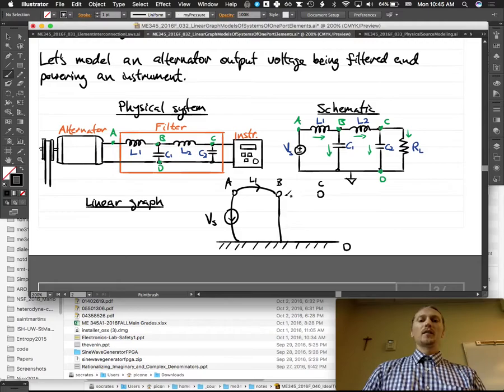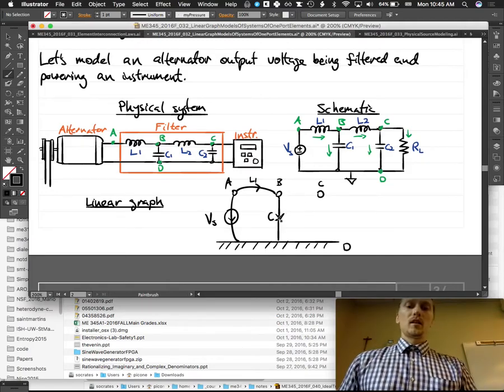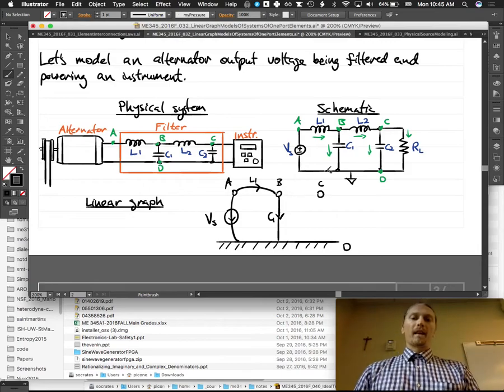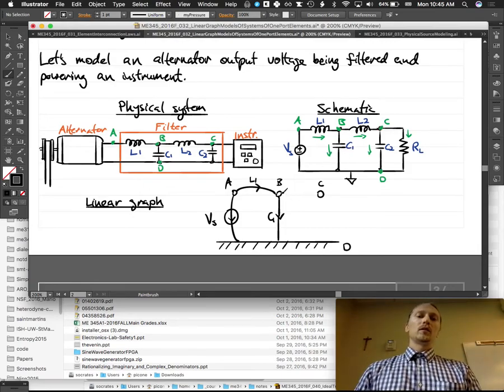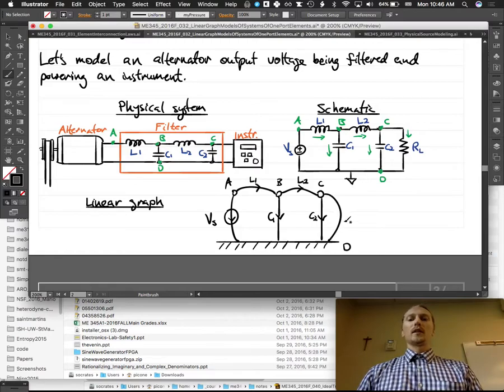It's an A-type energy storage element, a capacitor. We don't typically dash the C because a capacitor doesn't have to connect to ground. So C1. L2 is going to connect these two nodes, right? And C2 is going to connect C to ground, and then the load is also going to connect C to ground.